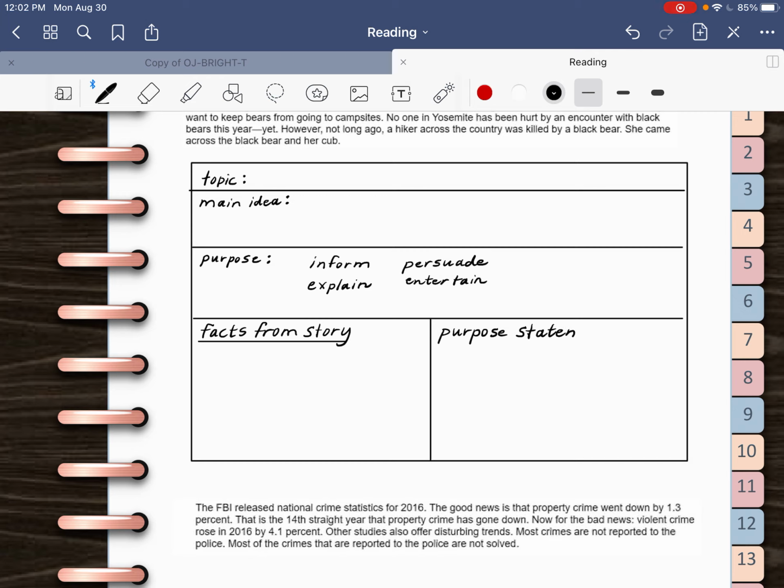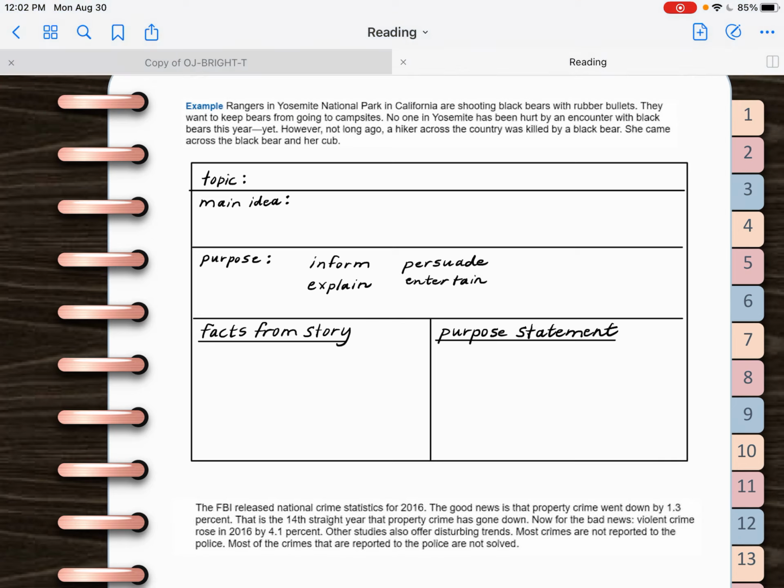This is quite a bit harder than just finding main idea and topic, which is where we started out. Let me just show you something here. If we go back to lesson 2, and you don't have to do that, but remember when we were just learning how to do main idea and topic, this is considerably more difficult.